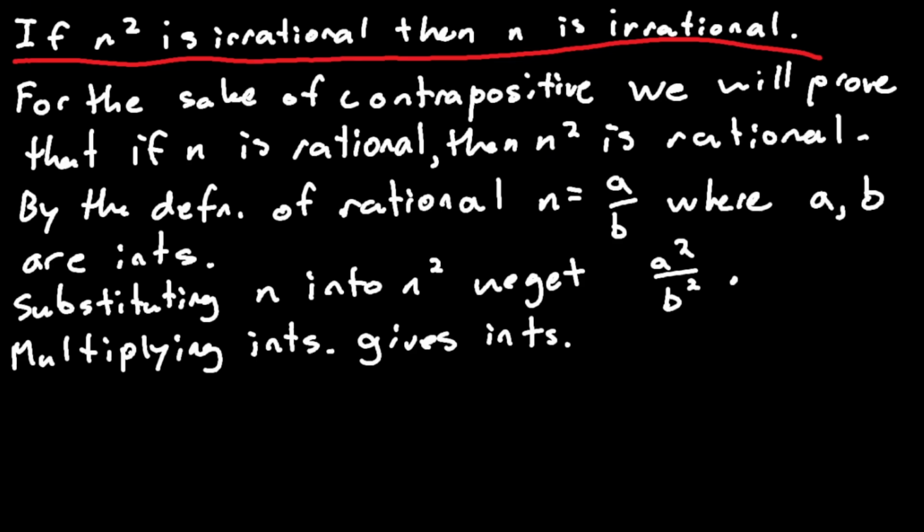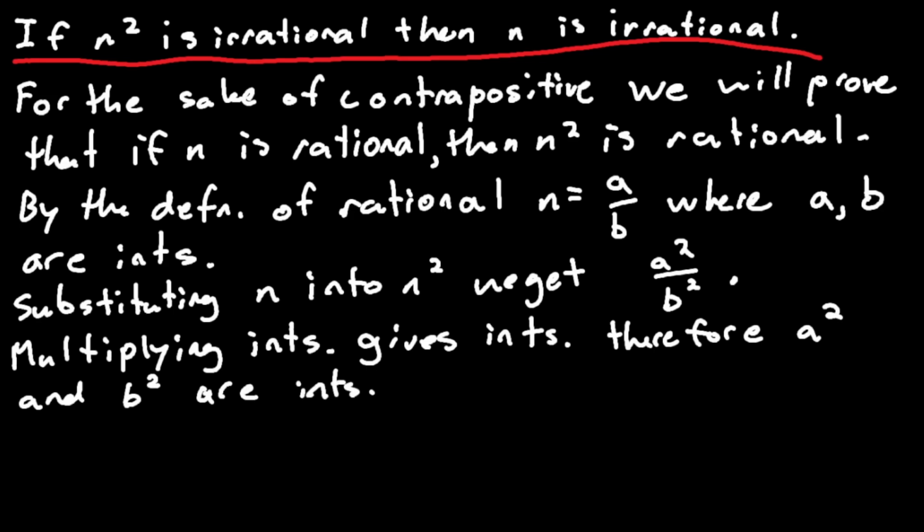I made a little mistake in the previous thing, but I'll get back to that. Multiplying ints gives ints. Therefore, a squared and b squared are ints.